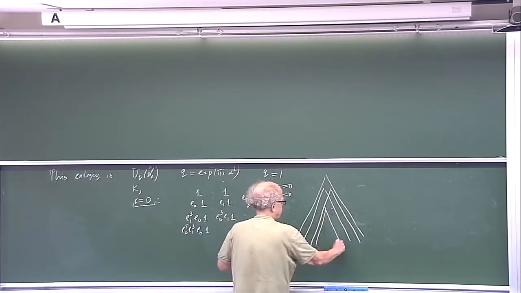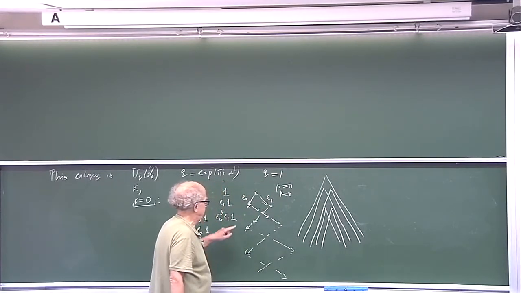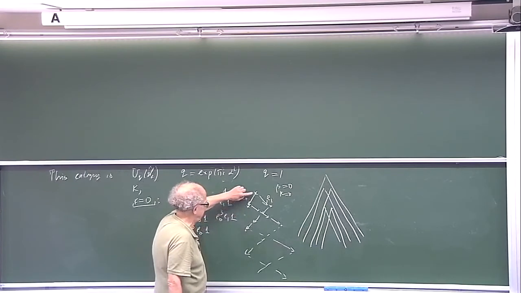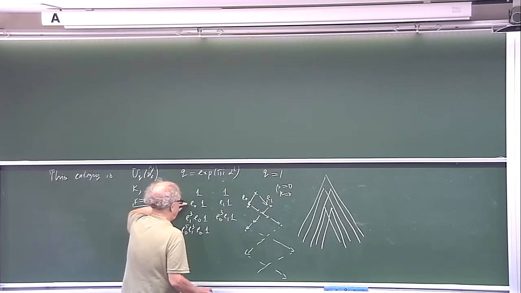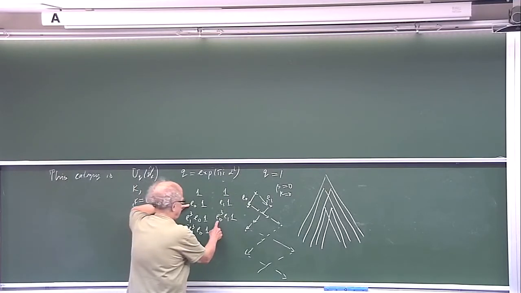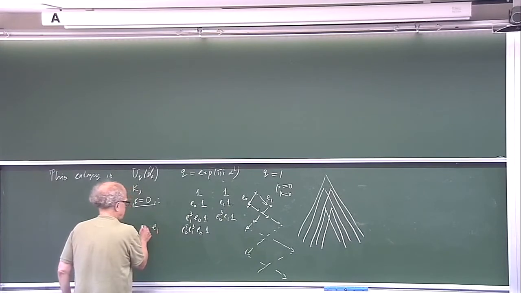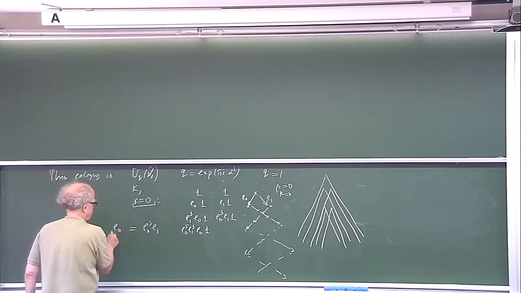It is like this. Algebraically, it means some kind of identities. So it means that if you write it down like this, E1 E0 cubed can be rewritten as E0 times something.